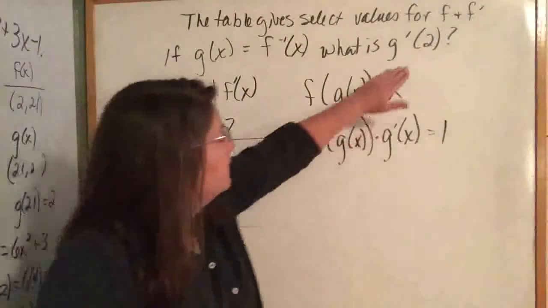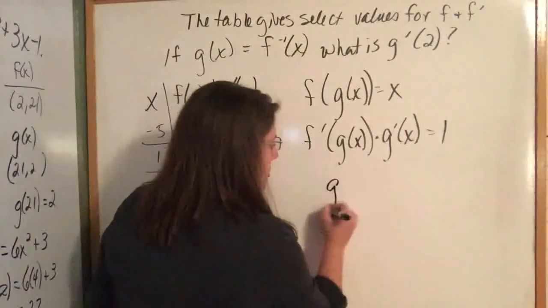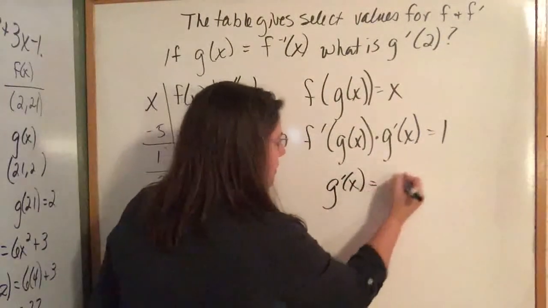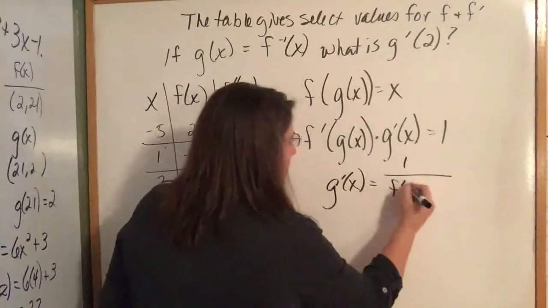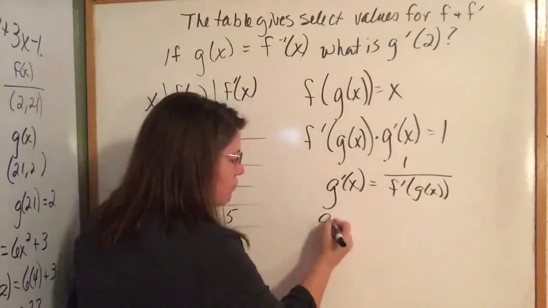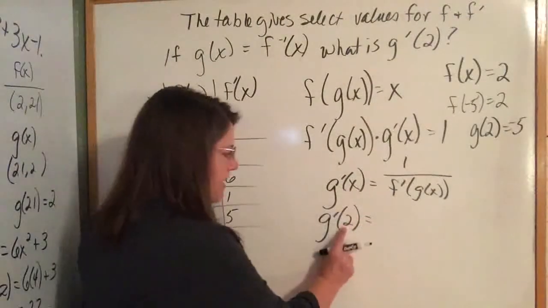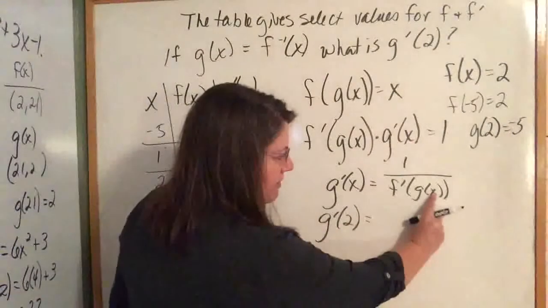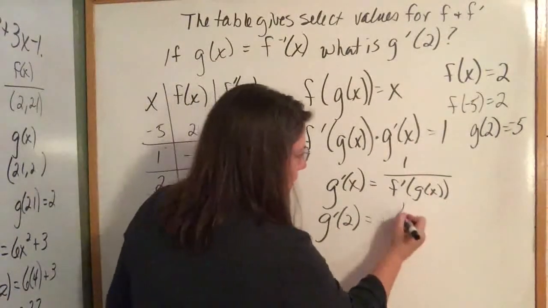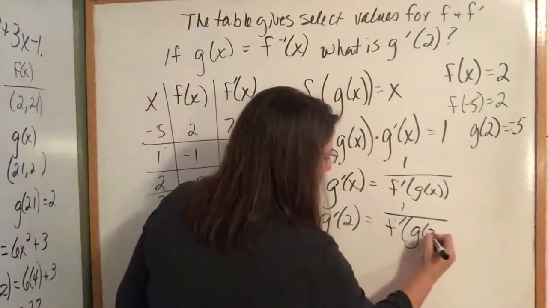They are asking us to find g prime of 2. So I'm going to get g prime of x by itself. And if they're asking for g prime of 2, well, that means if I've replaced this x with 2, I'm going to replace all the x's over here with 2. So I've got 1 over f prime of g of 2.